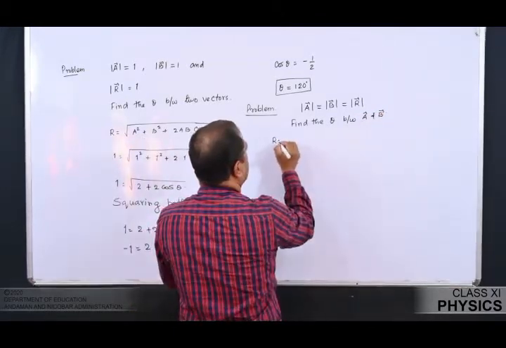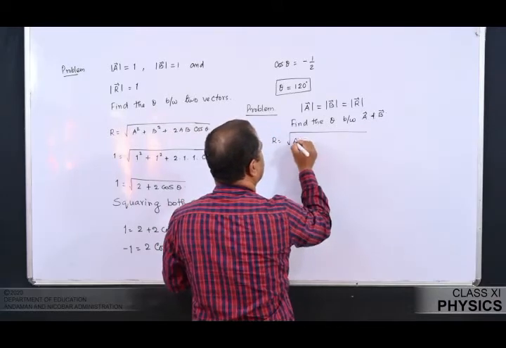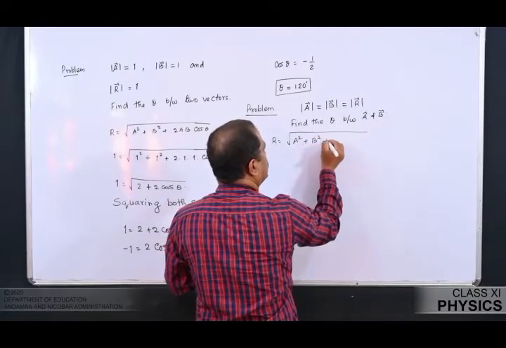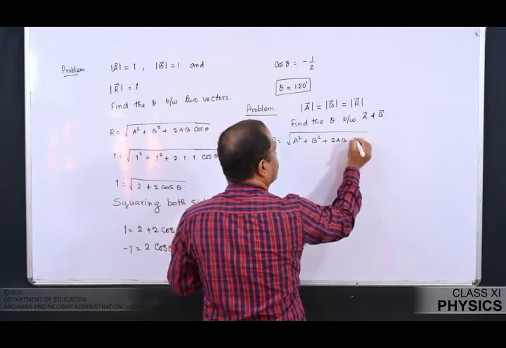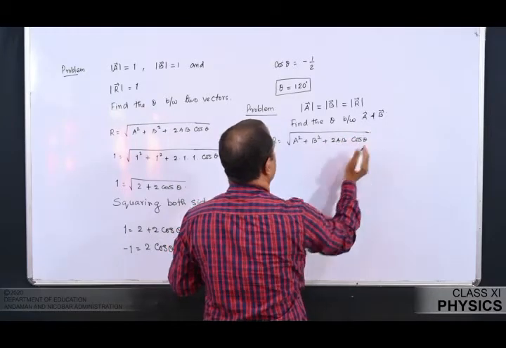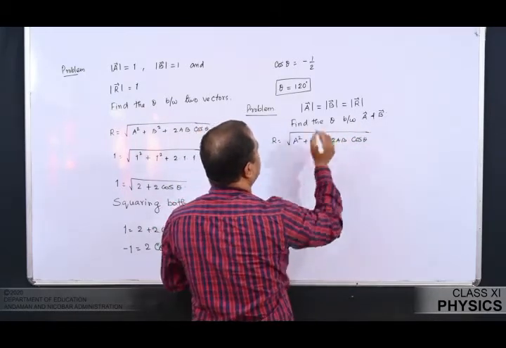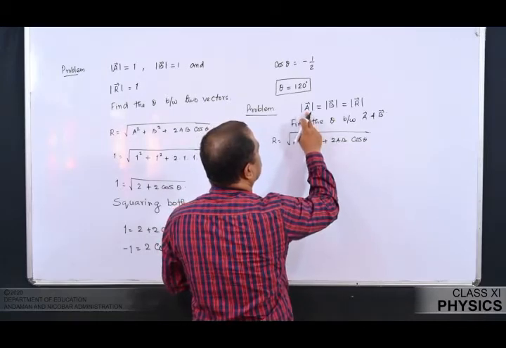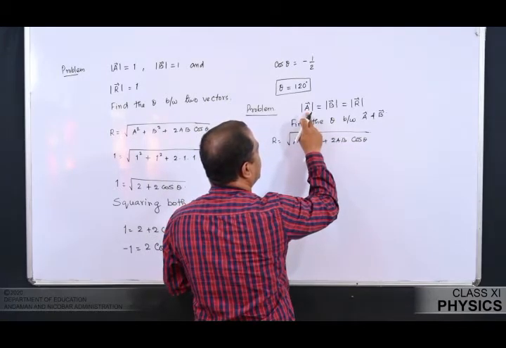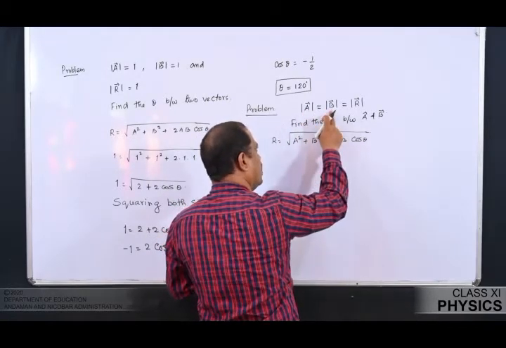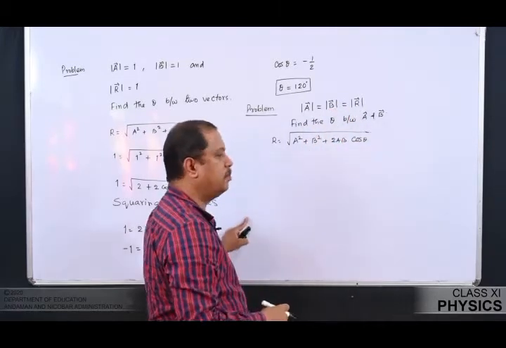So I have r is equal to under root of a square plus b square plus 2ab cos theta. Let me assume vector a has a magnitude of x, b will also have a magnitude of x, and r will also have a magnitude of x.